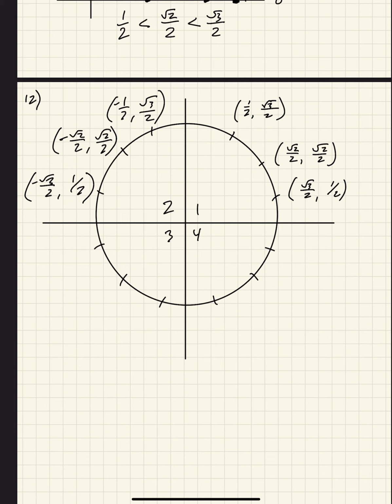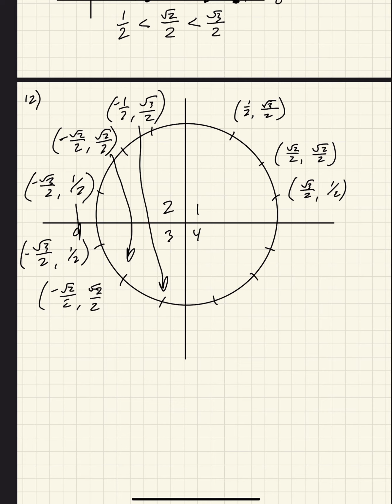Now, we can flip our quadrant 2 values onto quadrant 3 to fill in those values. So let's do that now. We're going to flip that one here, flip that one there, and flip that one here. So here we got negative root 3 over 2, and I'll make it negative to keep it consistent. Here we got negative root 2 over 2, root 2 over 2.